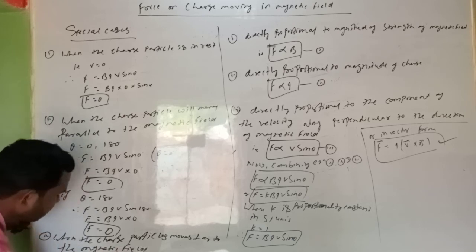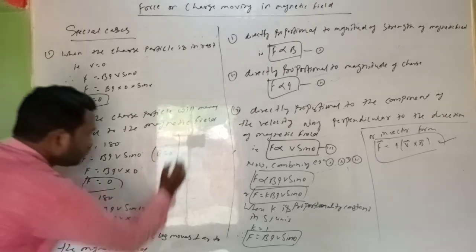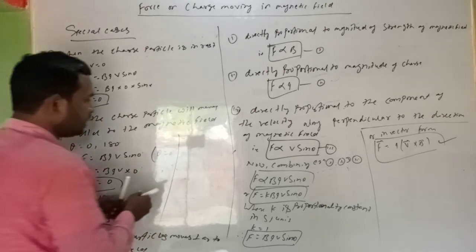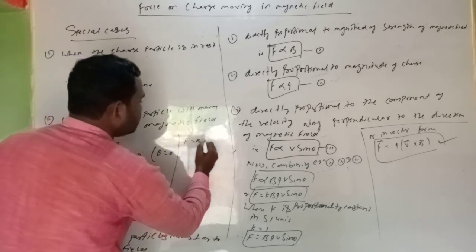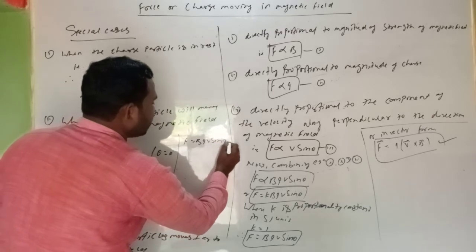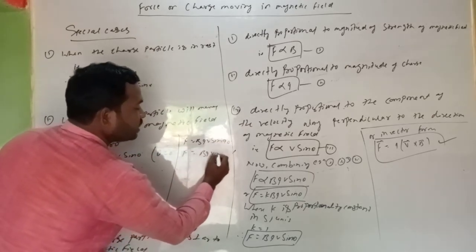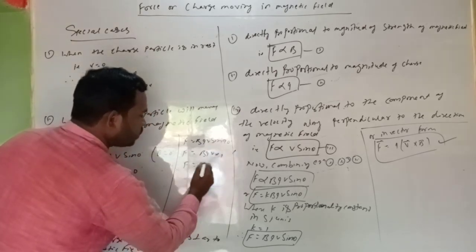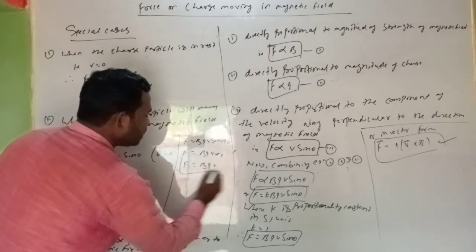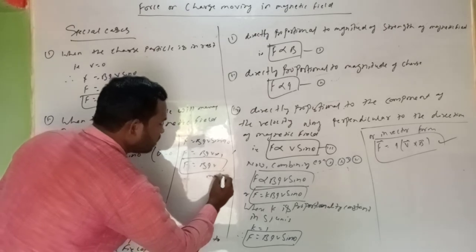That is, theta is equal to 90. So what will you write here? F is equal to BQV sin 90 degree. So F is equal to BQV. This is the maximum force.